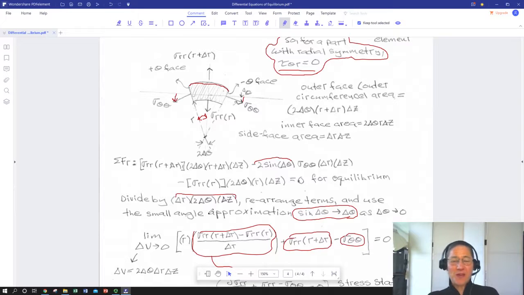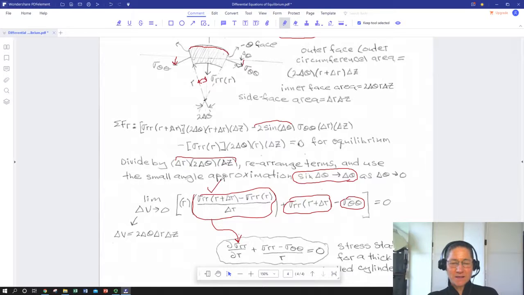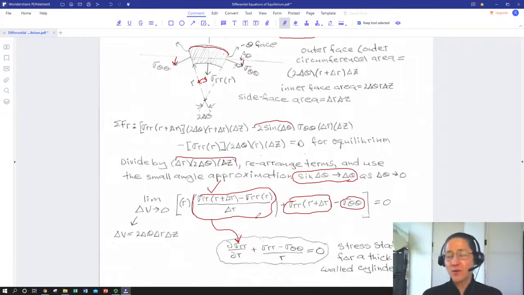The real key part beyond that was grouping this whole condition of equilibrium expression such that we could recognize this term and say, aha, if I rearrange things, I can get something that looks an awful lot like the derivative of sigma rr with respect to r. You'll find that's very common to a lot of these equilibrium-condition-based derivations for stress and strain expressions.